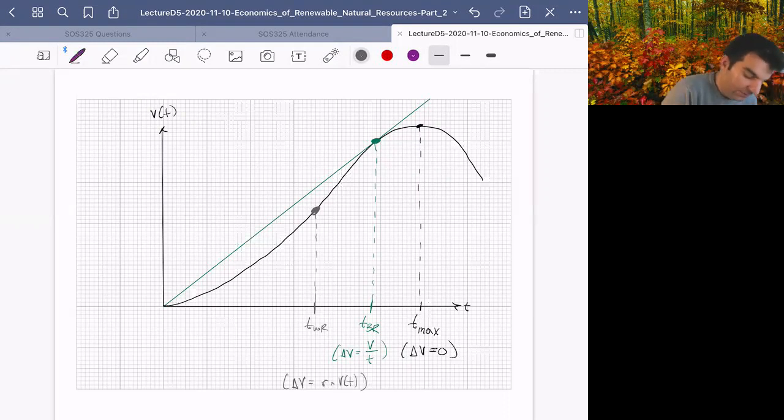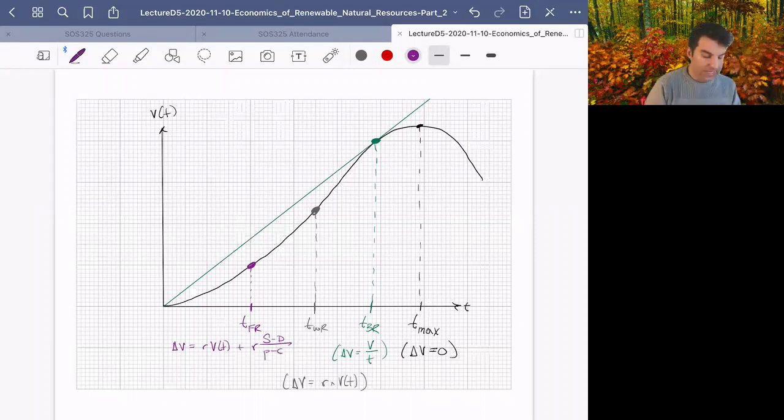And then finally, the Faustmann rotation will be the shortest of them, where in the Faustmann rotation, delta V is equal to R VT plus R S minus D divided by P minus C.